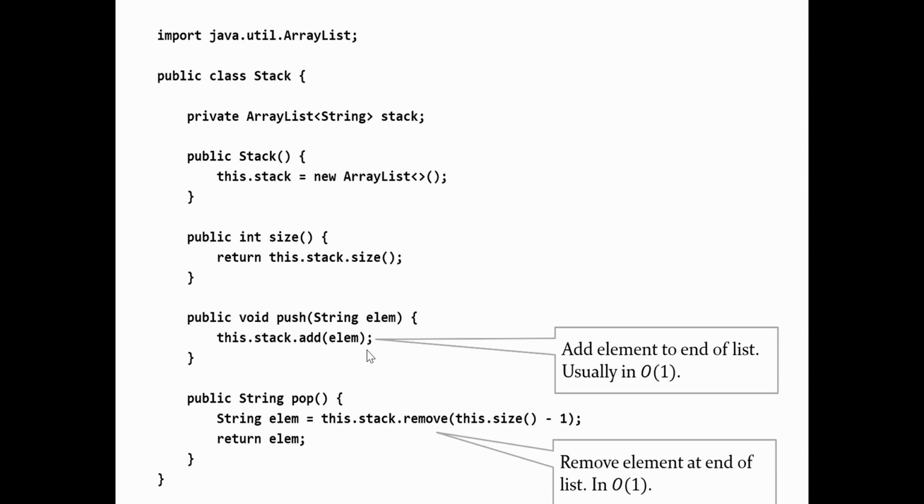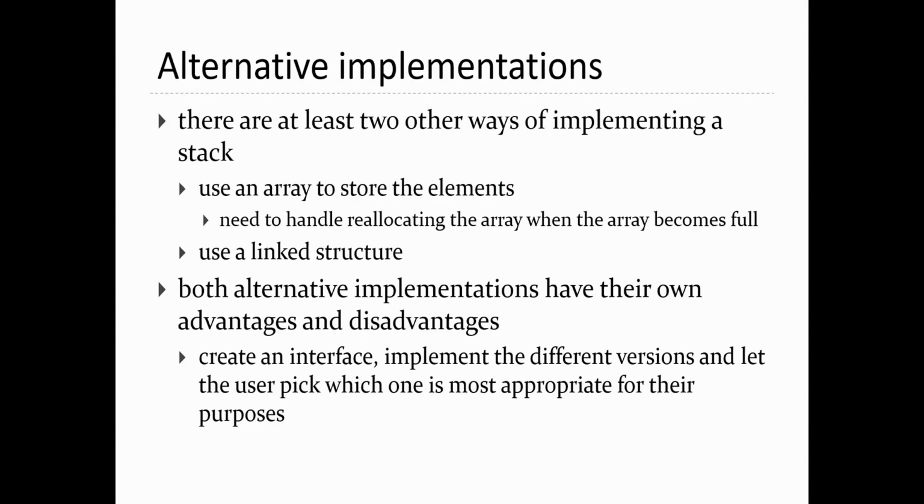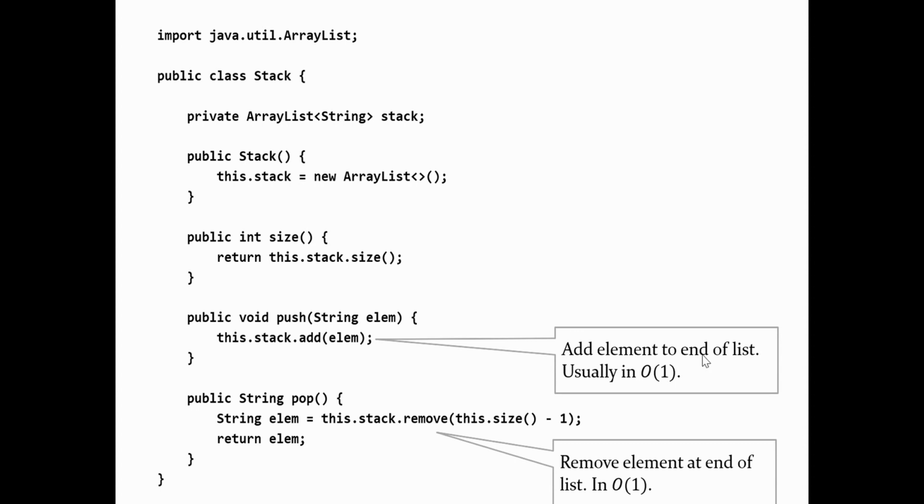When you push an element onto a stack, when you add an element to the end of an array list, it's usually O(1). But every once in a while, it's O(n). And I'll explain. The reason it becomes O(n) is because if you have an array list and internally it has an array of, say, 5 elements, then when you add the 6th element to the list, it has to make a new array, because it needs space to add the 6th element.